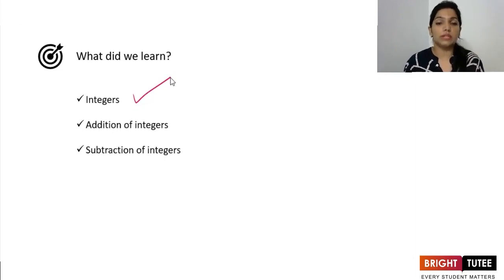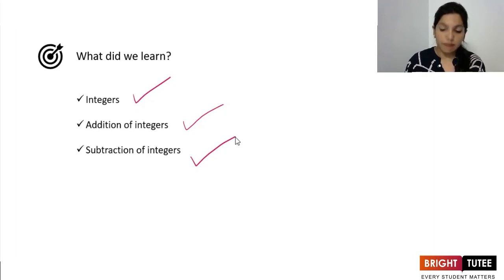We know well what integers are, where we use them, the types of integers we have, and what numbers fall into the category of integers. Then we learned how we can add integers in three conditions: when both the integers were negative, both were positive, and when one was negative and one was positive. We did the same with the subtraction of integers. And with this, we have completed our lesson of integers. I hope you will remember your lesson well and you will practice more questions with integers.